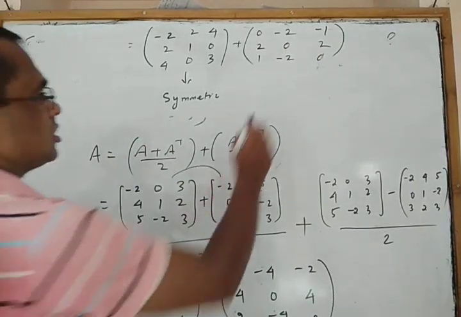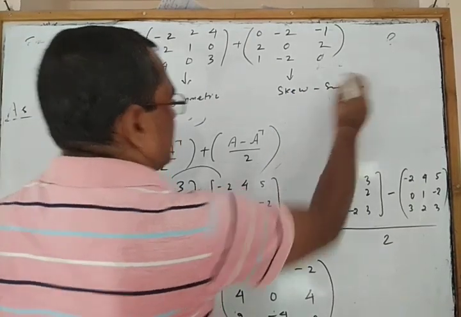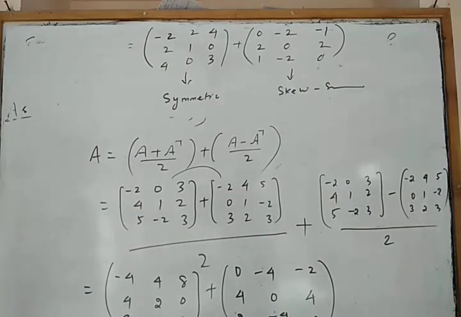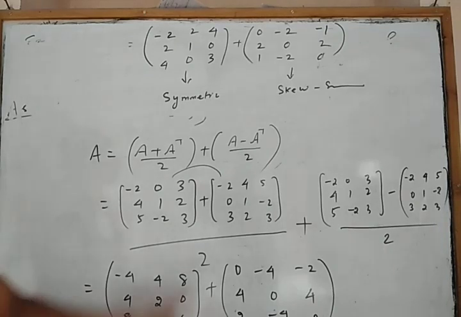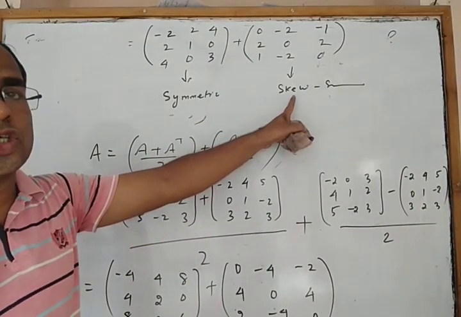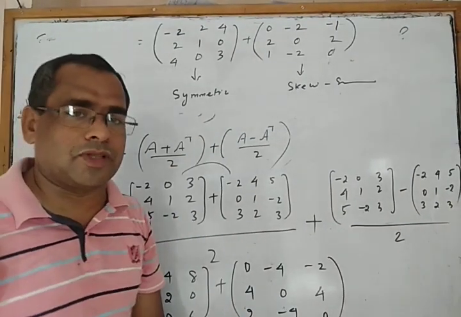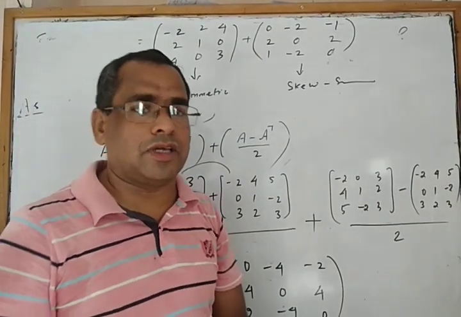So clearly this is a skew symmetric matrix. So every square matrix can be expressed as the sum of a symmetric and a skew symmetric matrix. In this way you have to complete all the exercise problems of the first exercise and the second exercise of the matrix chapter.